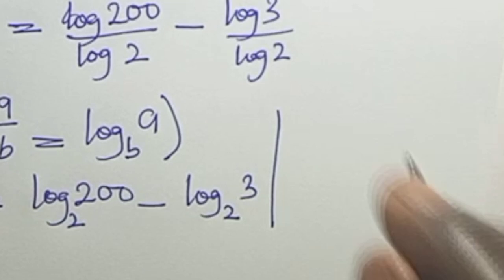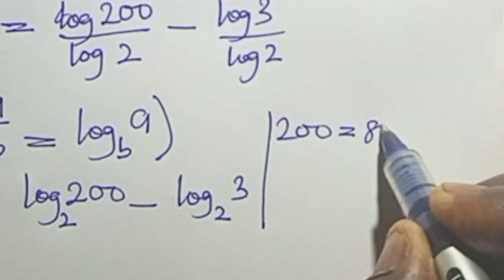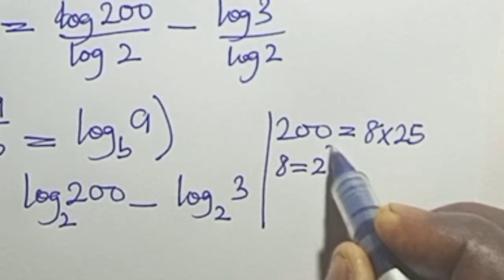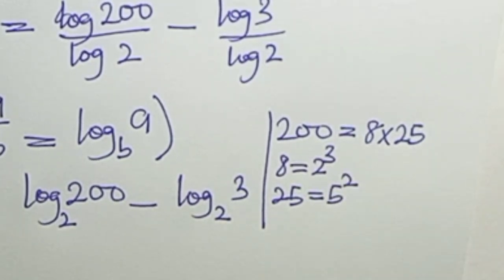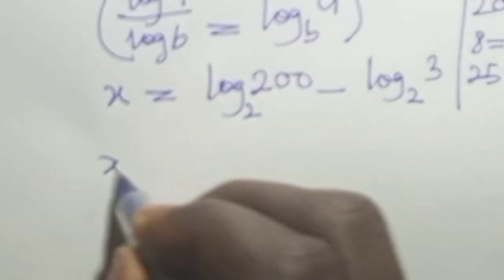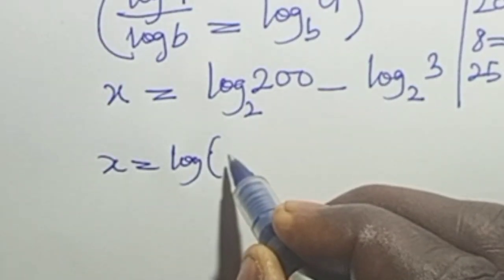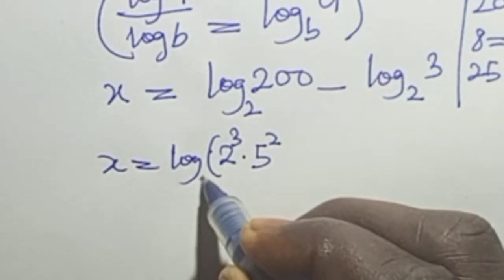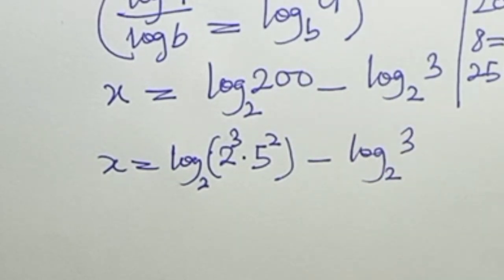But 200 can be written as 8 times 25. 8 is 2 raised to power 3 and 25 is 5 raised to power 2. So our x will become log of 2^3 times 5^2 base 2 minus log 3 base 2.